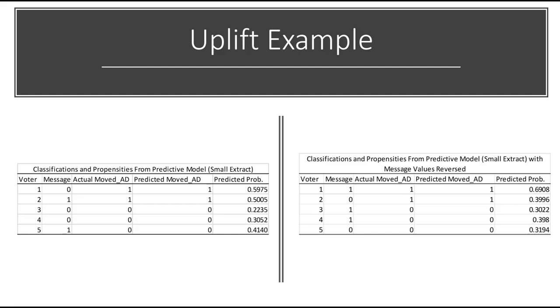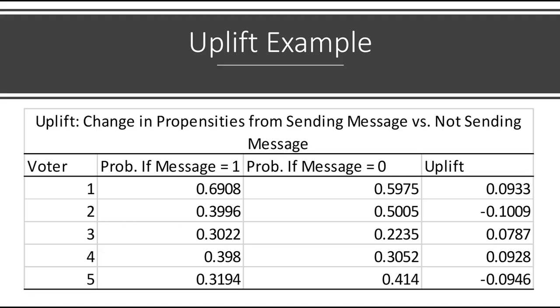Now that we have the propensity with the treatment and also for the opposite, we can look at the two predicted probabilities to calculate the uplift for the individual observation. Here we would have those results for the uplift for each of the voters in the tables we saw in the previous slide.